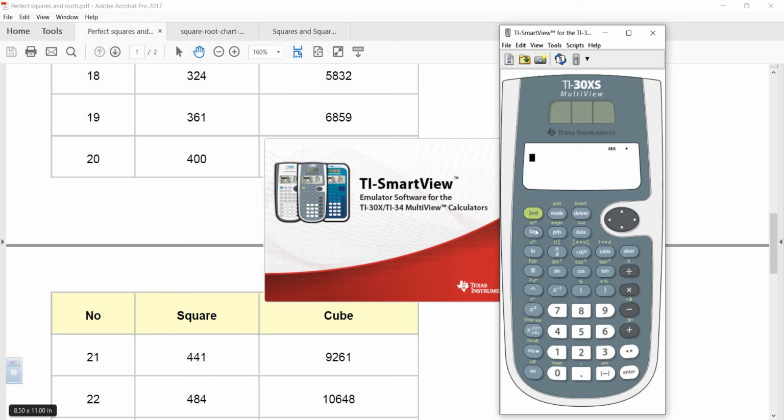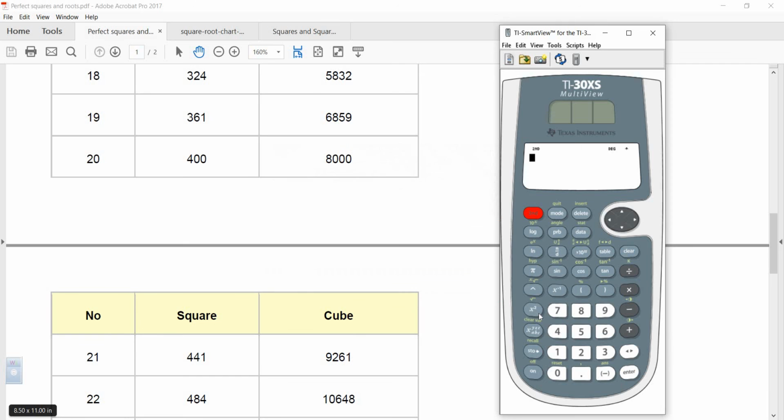So I'm going to go ahead and go second, and then I'm going to do my square root of 428. And what do I see? It's 20.7 if we round. And do you guys agree that 20.7 is closer to 21? First of all, it's between 20 and 21, right? It's between 20 and 21, and it's closer to 21, right?